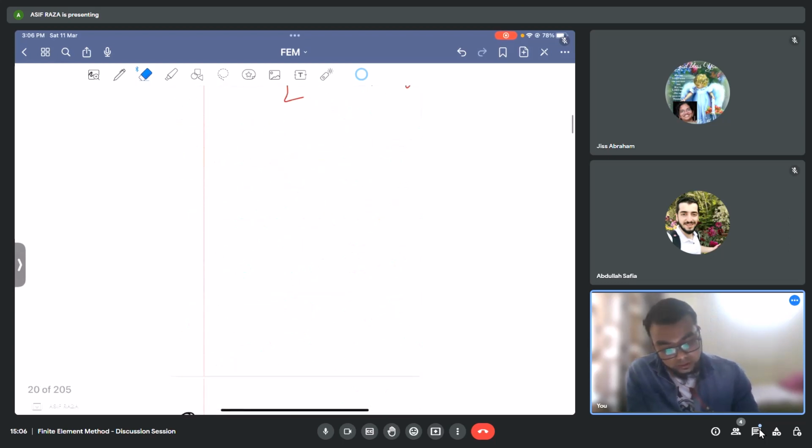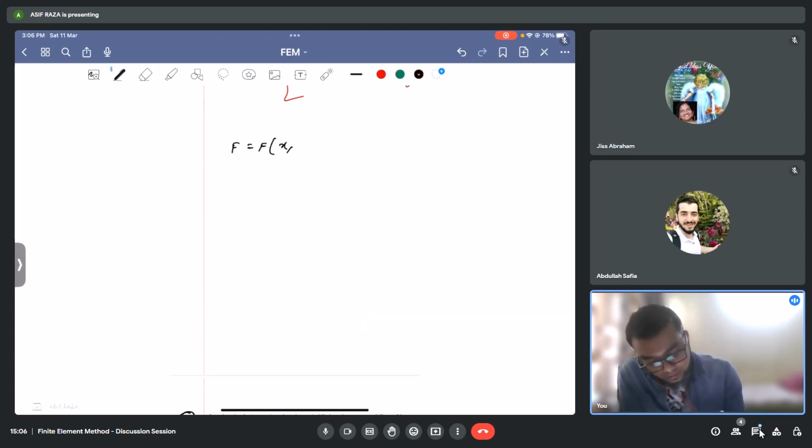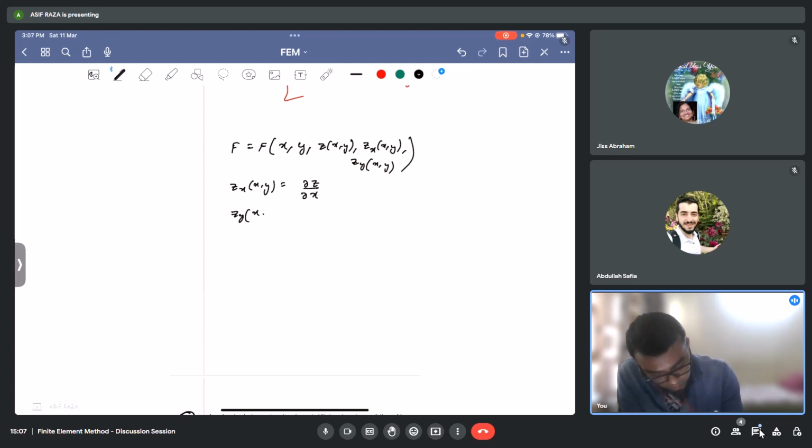What if my functional is f of x, y and z of x comma y, then z x of x comma y, and z y of x comma y, where z x of x comma y is dou z upon dou x of x comma y, and this is dou z of dou y.